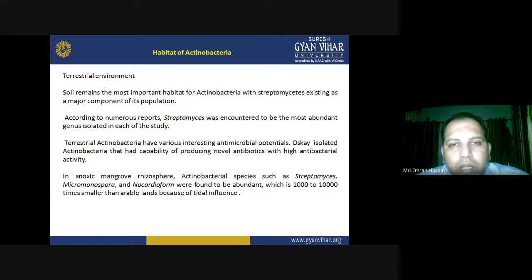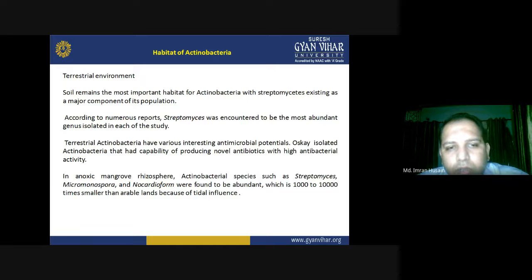Habitat of actinobacteria: terrestrial environment. Soil remains the most important habitat for actinobacteria, with Streptomyces existing as a major component in its population.